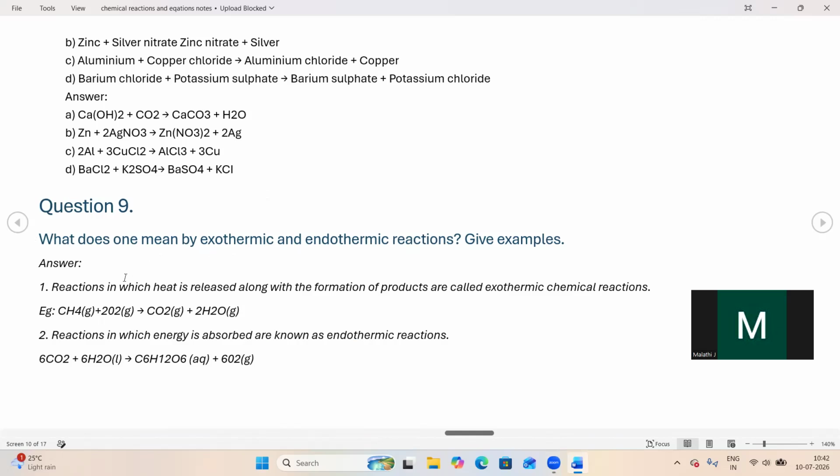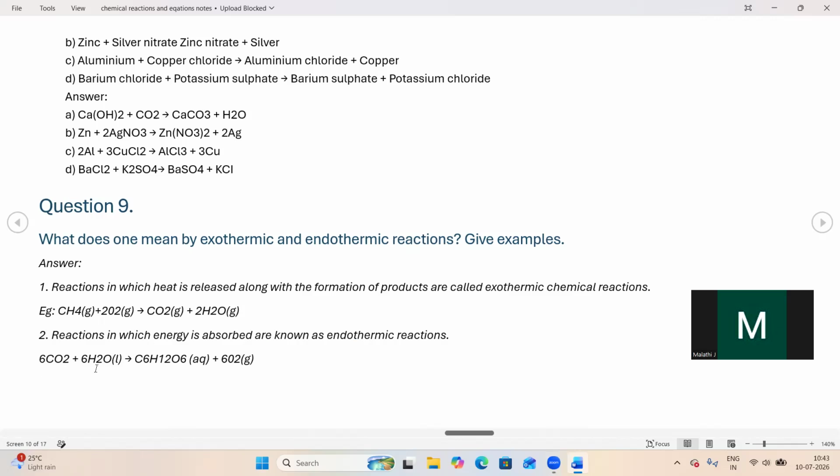Reactions in which heat is released along with the products by formation of products, that is an exothermic reaction. Exo means outside, heat will be released outside. Then endothermic reactions are those which absorb heat to take place.